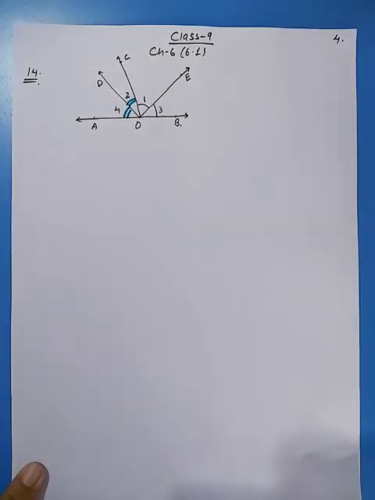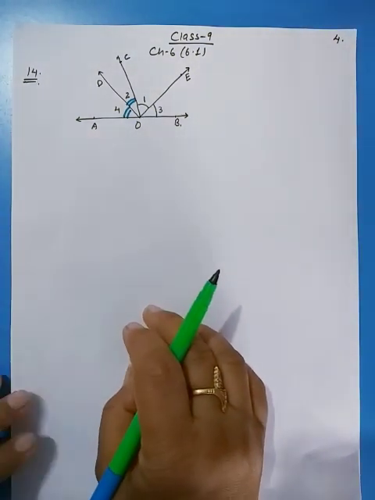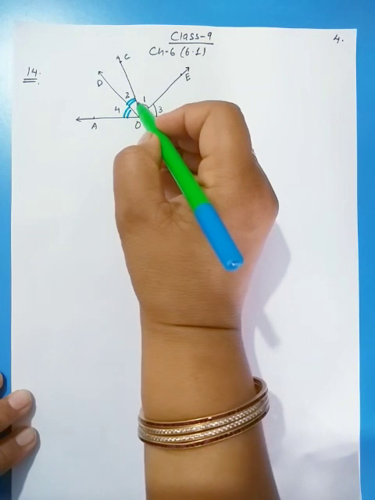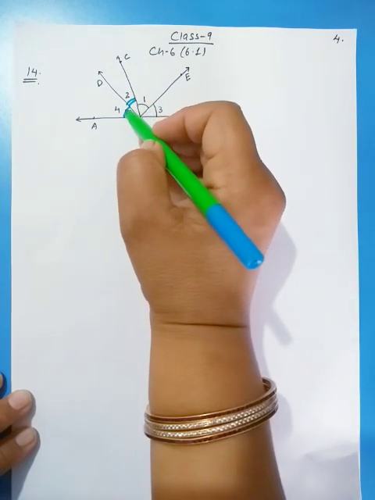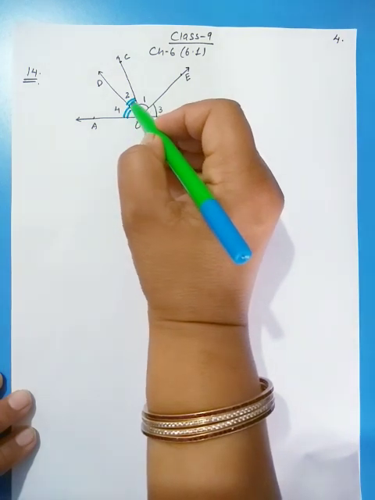Now question number 14. In the adjoining figure, OD is the bisector of angle AOC, meaning both the parts of angle AOC are equal, meaning angle 2 is equal to angle 4.